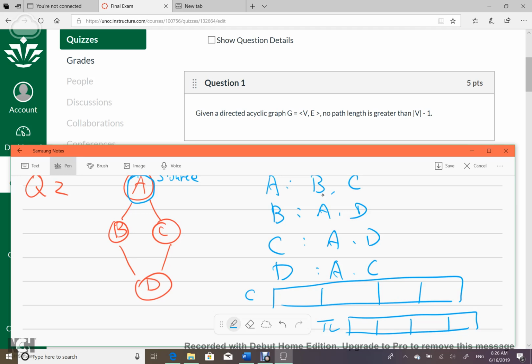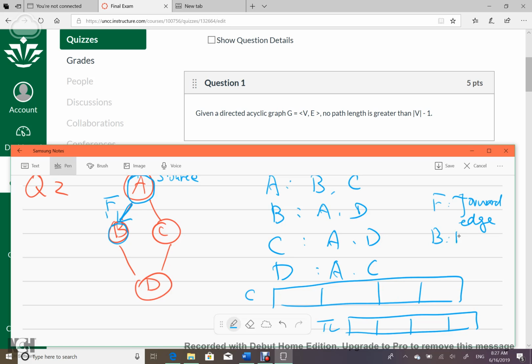From A, we go to check B, accessing the first adjacent edge. So access B, it's number 1. And this is a forward edge. Let's use F. It's a different type of edge.